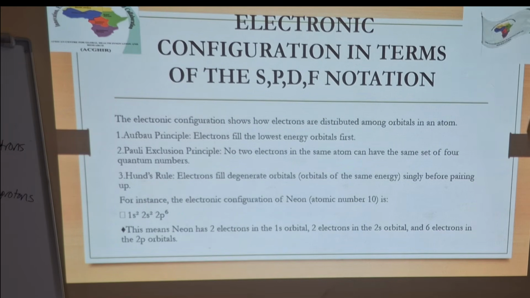Similarly, p levels are filled before we move on to d orbitals, and d orbitals are filled before we move on to f orbitals.